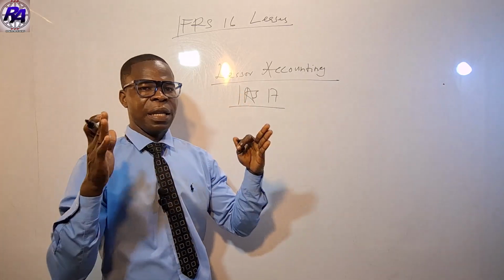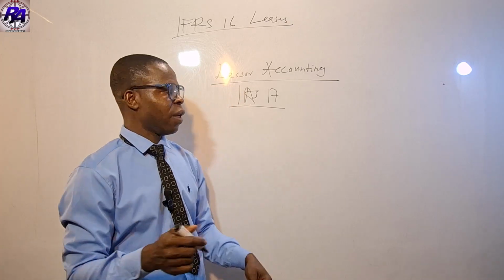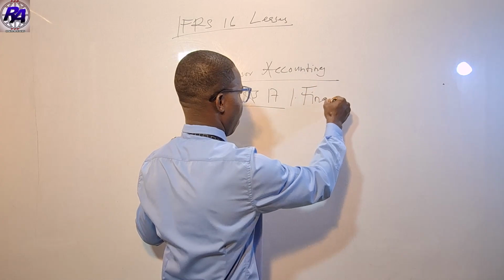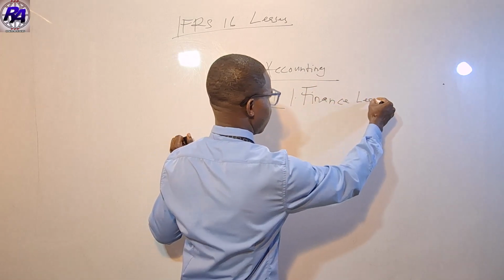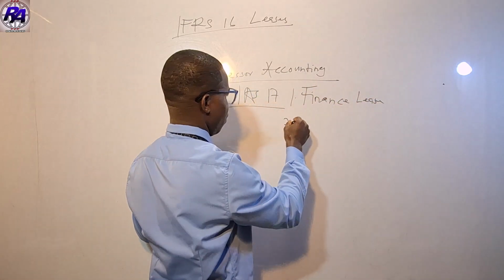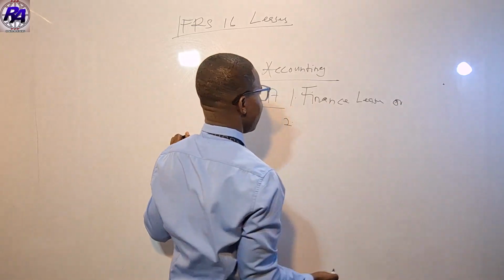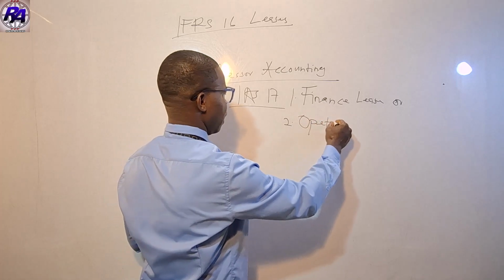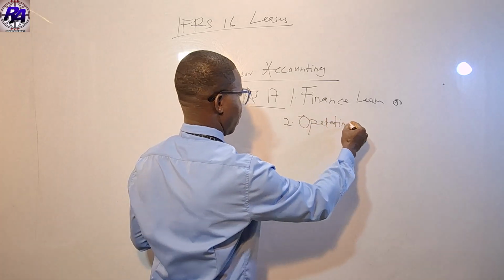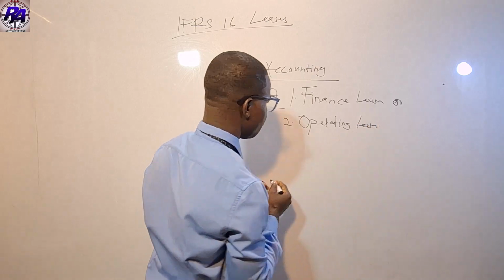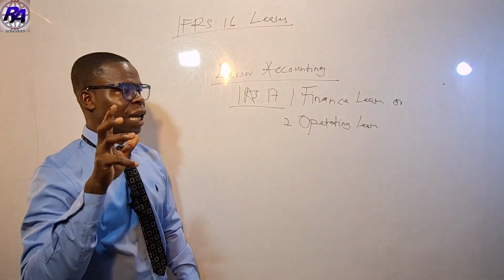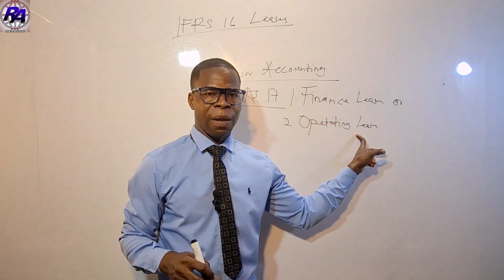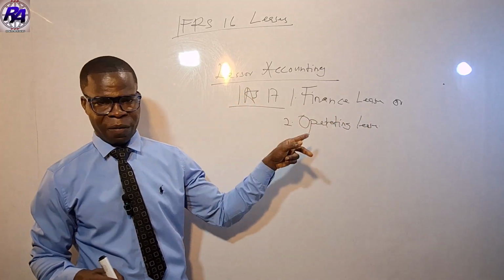So, in a lease contract, the lessor accounts for either a finance lease or an operating lease. One of them, not the two, one of them.